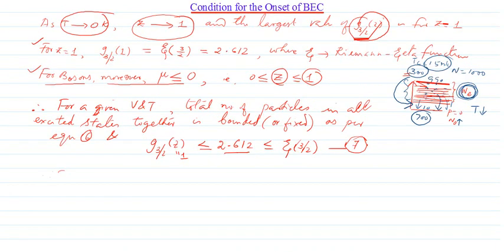as the temperature tends to 0 Kelvin, the fugacity of bosons will be tending to 1, okay, because Z is equal to e raised to mu by kT. So Z is equal to e raised to alpha, where alpha is mu by kT, okay.